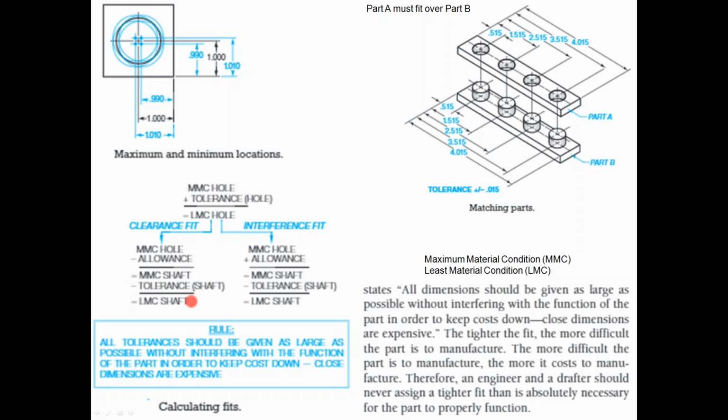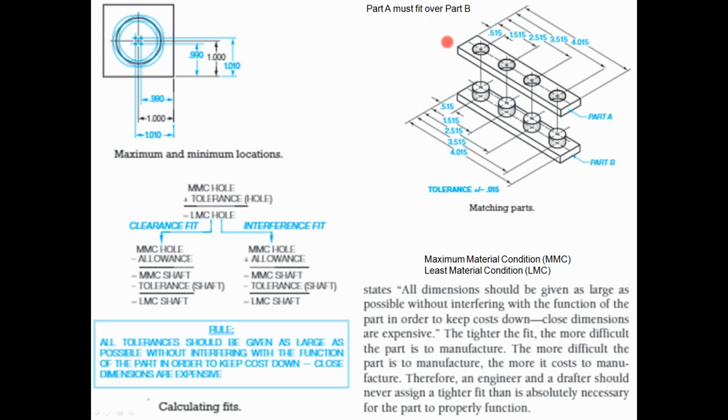The same thing applies to interference: MMC hole plus the allowance, shaft plus tolerance, and then equal to the least material condition for that shaft.